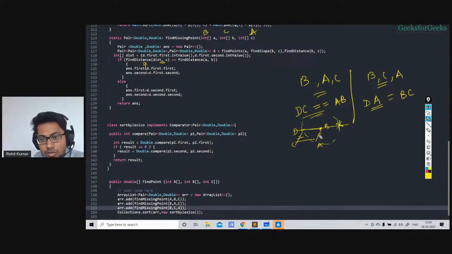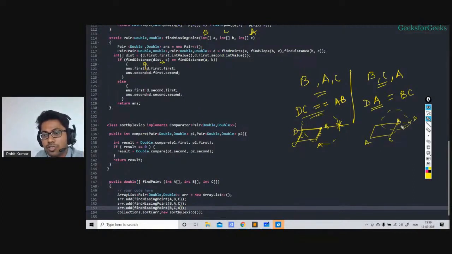Because you are comparing your AB with CD. Over here also you see that B is your center, right? So let me take the same configuration. This is your B as your center, and there will be, let's say, one more point D over here. This is your C and this is your A. So over here you are checking some other point.